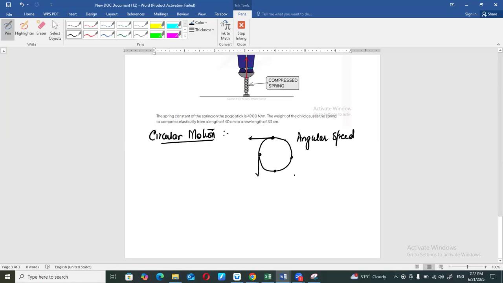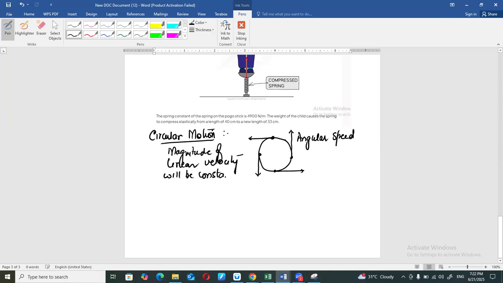So during circular motion, even if a body is moving with constant angular speed, it means that the magnitude of the linear velocity will be constant as well. We are considering a constant circular motion, remember that.